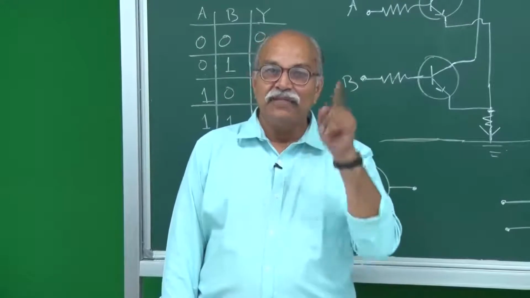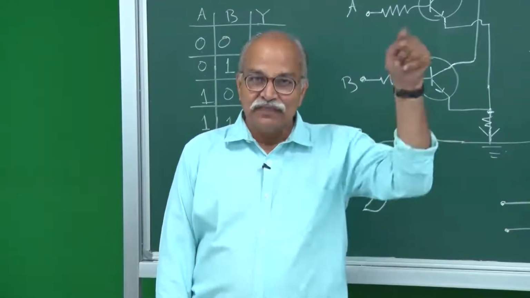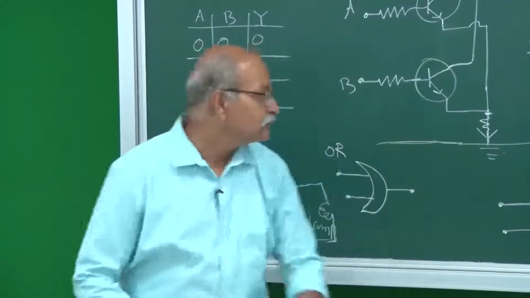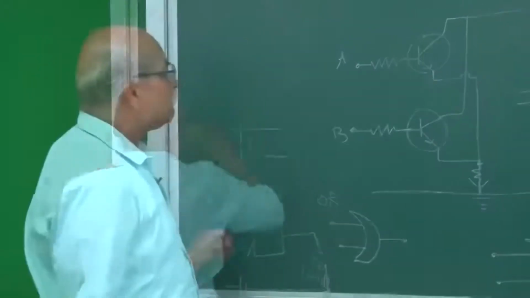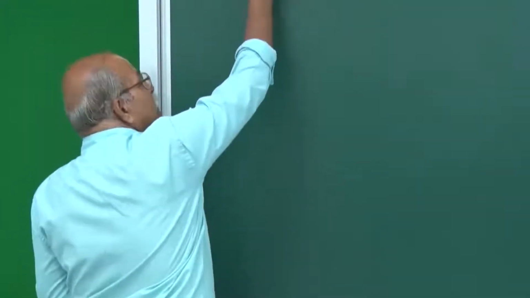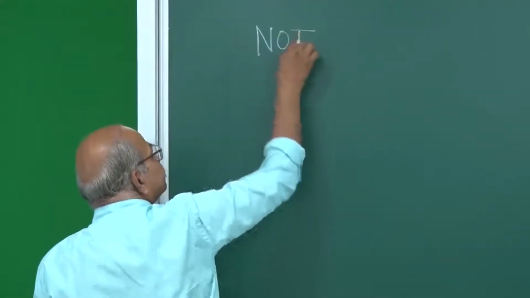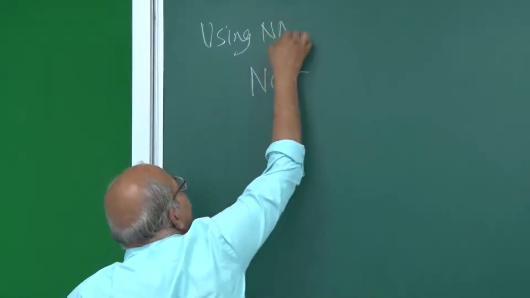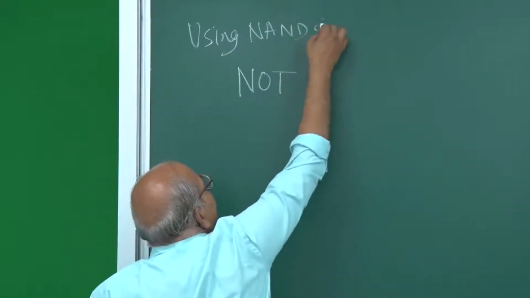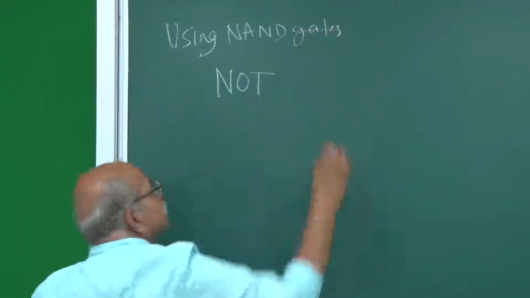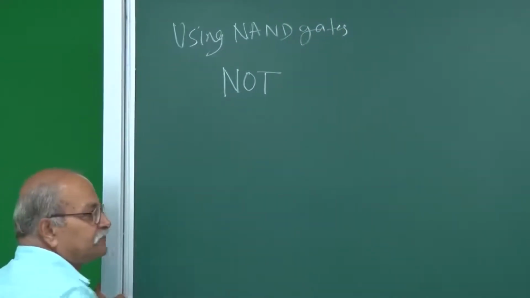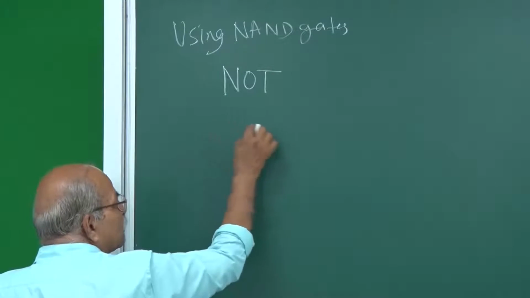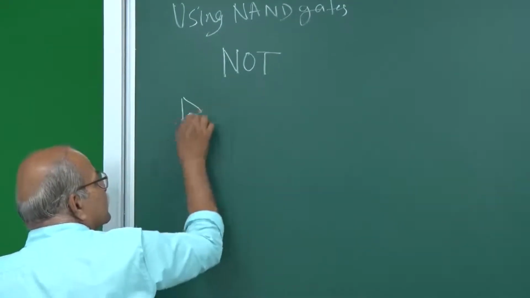So let me show how NAND gate can be used to form the three basic gates, NOT, AND, and OR. First, let us try to make this NOT gate, everything using NAND gates. And pretty simple. NOT is you just take one input and one output, and this was the symbol.